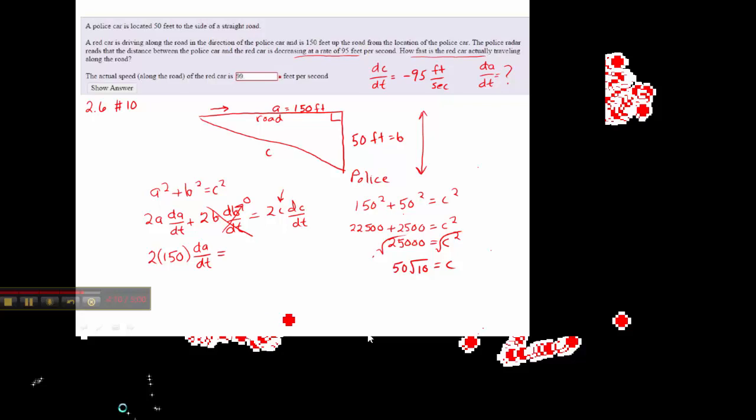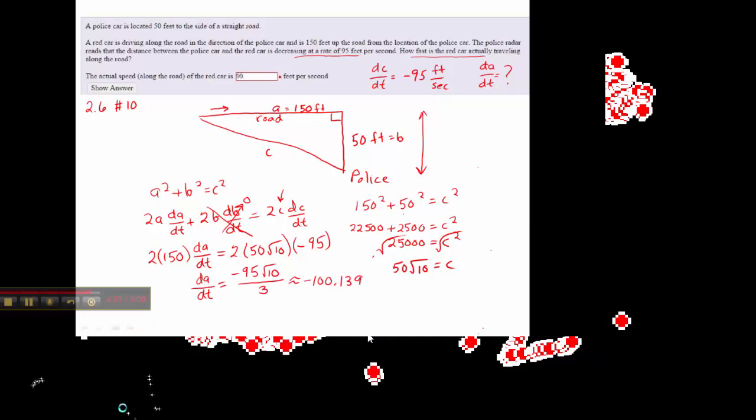This would equal 2 times 50 radical 10 times dC/dt, which is negative 95 feet per second. I'm going to go off the video again to get my answer because I'm running out of time.